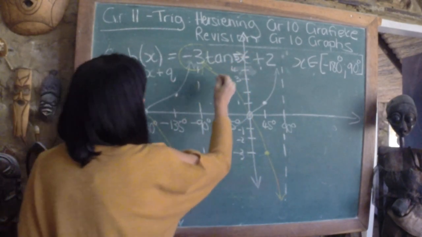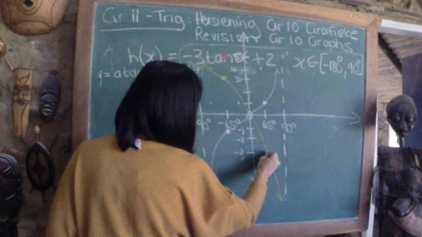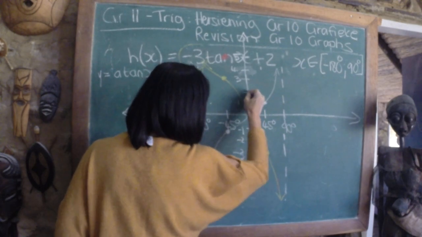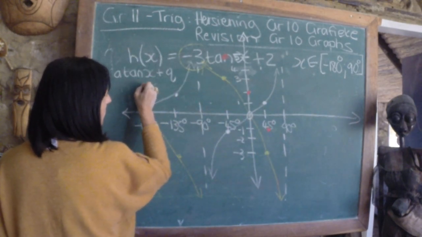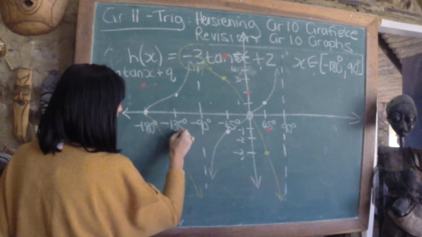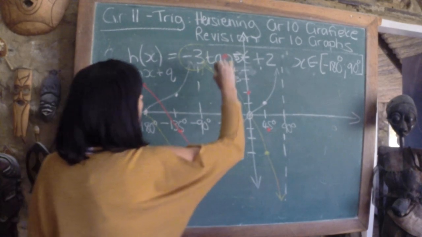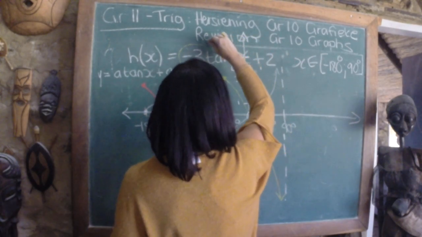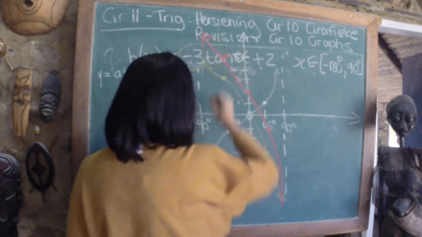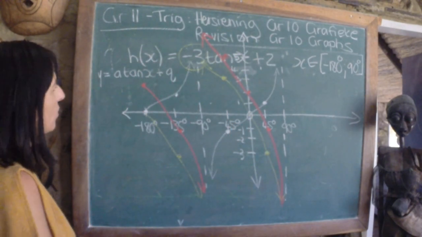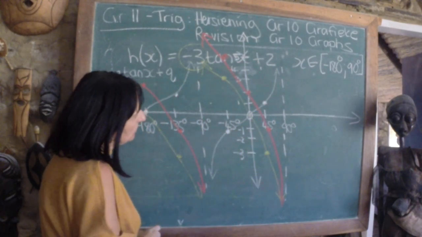And now we're going to shift these points 2 units upwards. 1, 2, 1, 2, 1, 2, 1, 2, and a 1, 2. And now we redraw. And the red one is the one that you had to draw. Minus 3 tan x plus 2.